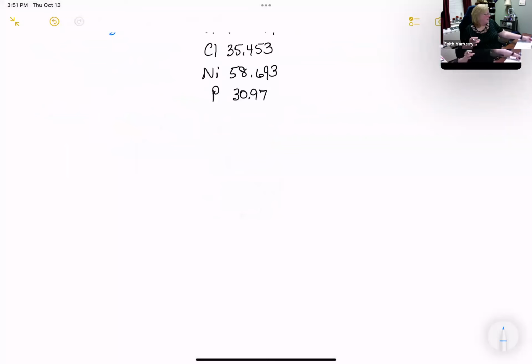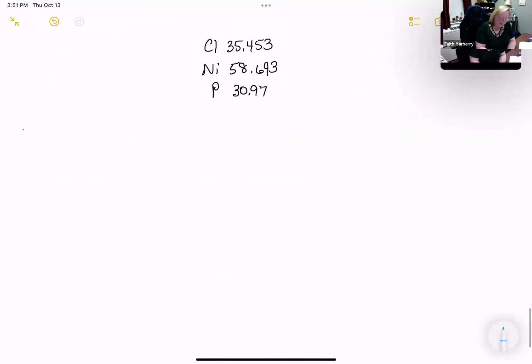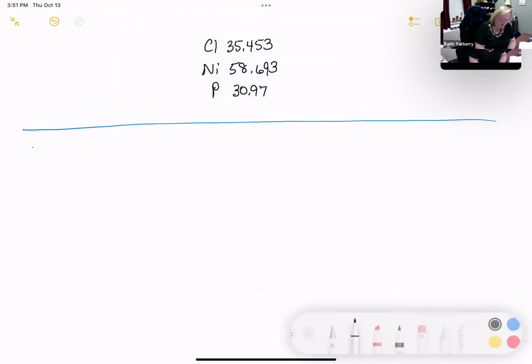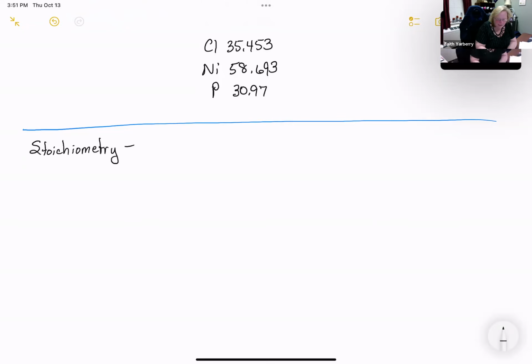Okay, folks, so the next thing we're going to do is start working on what is known as stoichiometry, which is essentially chemical conversions.